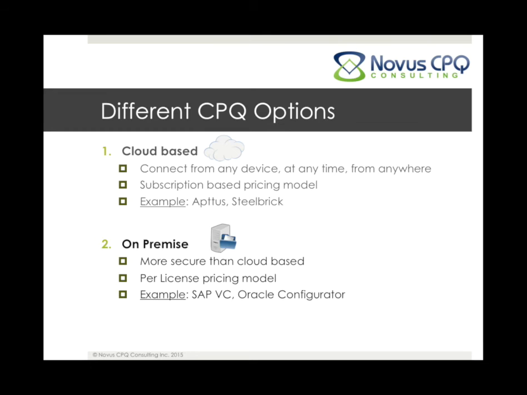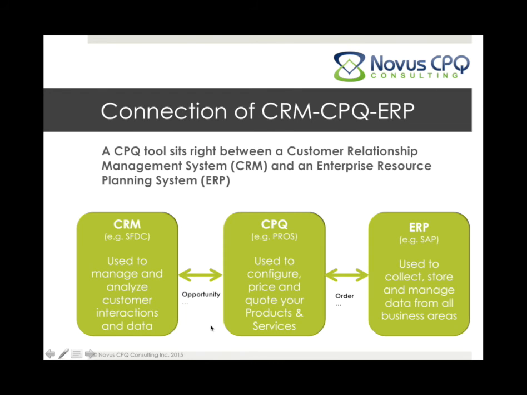It depends on what you want to do with your CPQ tool. So you have to really look at what is the right thing for you. So do not follow the buzzwords and just look at cloud-based solutions and only look at a certain subset of solutions. Take the time to find out what you need to make sure you have the right tool for you.